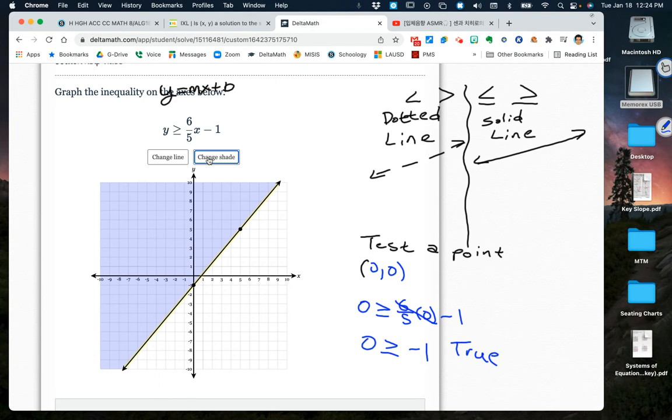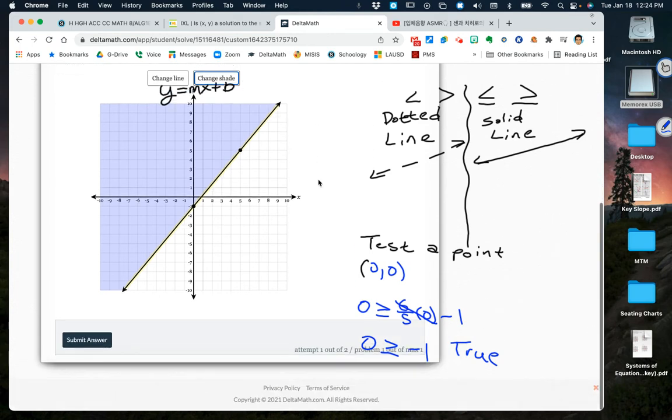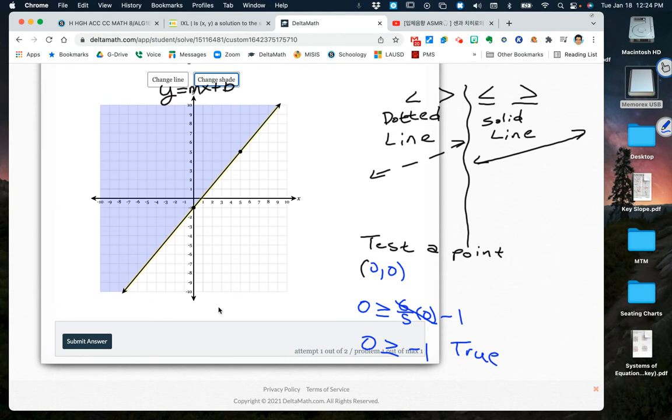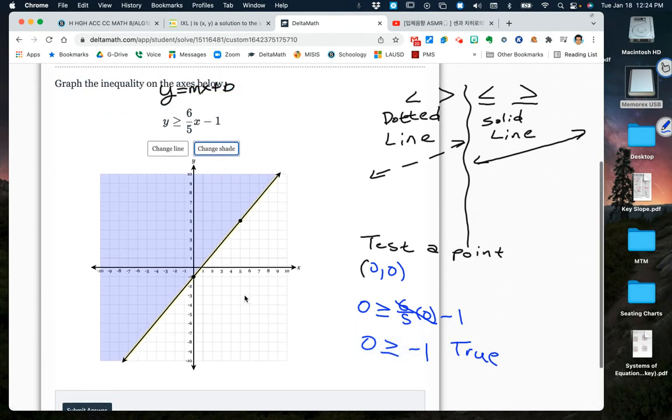So let's go with that answer. Graph your line, make sure it's solid, make sure you shade this region. Okay? All right. So let's submit that answer and make sure you got that. Has everyone got it? Let me know when I can move on.